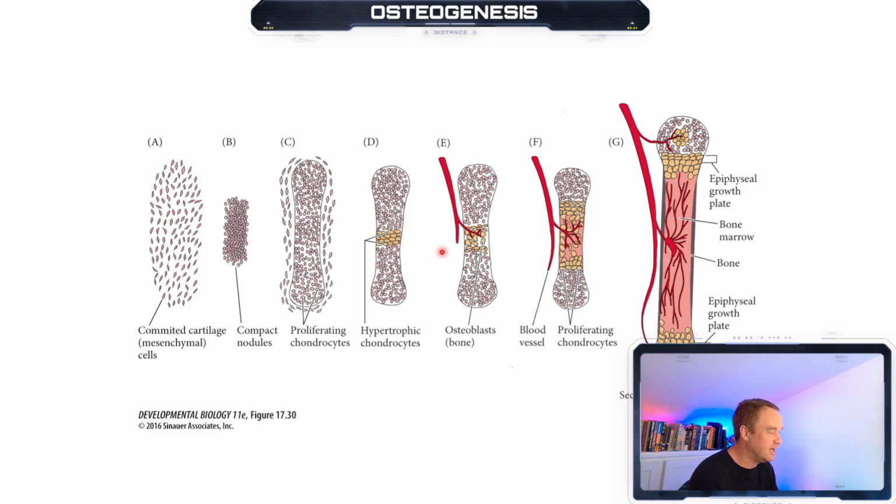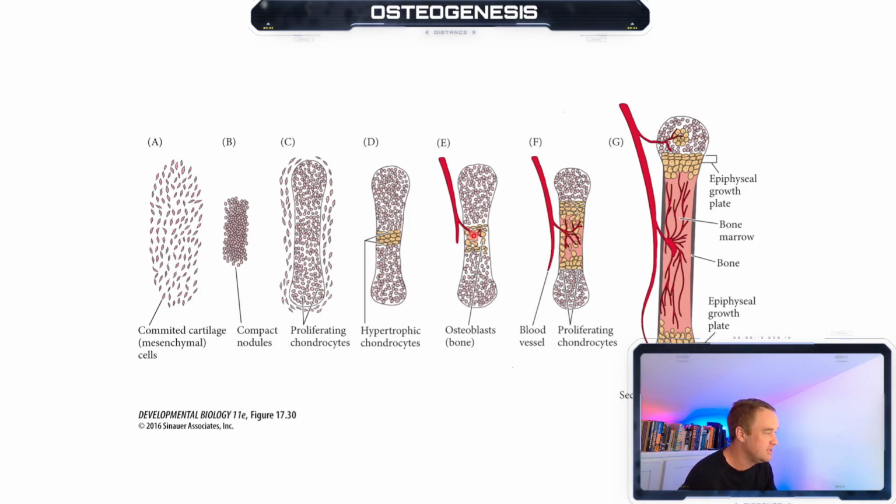Then once the apoptosis of those chondrocytes happens, this allows blood vessels to penetrate and grow within the developing bone tissue.